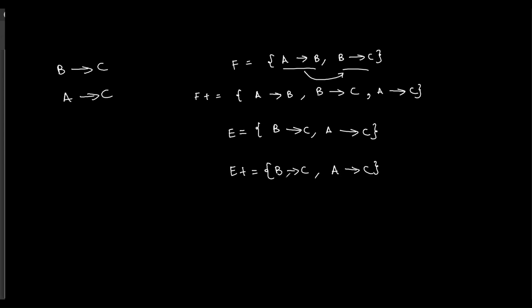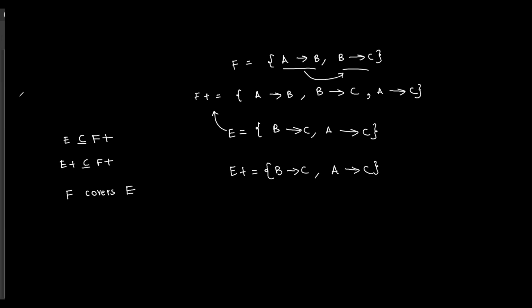So E plus will also be equal to B functionally determines C and A functionally determines C. Here, E was a subset of F plus. Now E plus is also a subset of F plus. So in this case, F covers E. That's why it's possible.